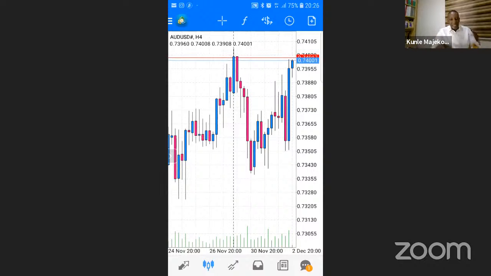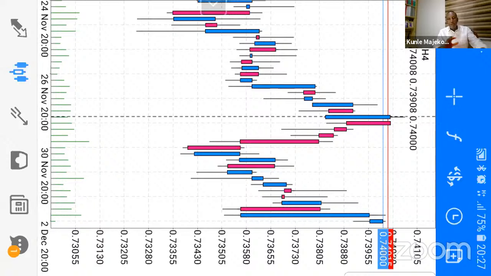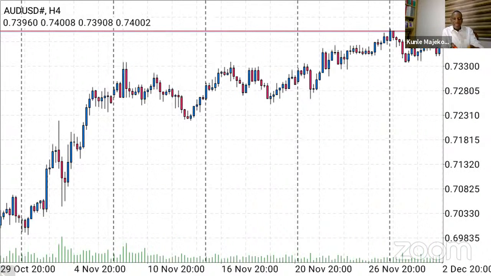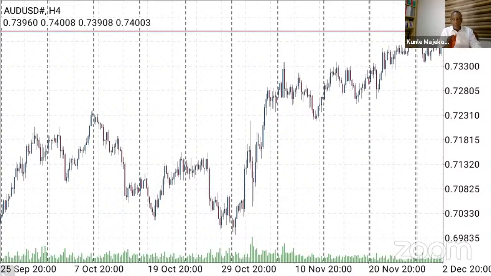So this is where you can do a bit of analysis of your trade. If I do it on a landscape, it becomes a lot bigger for you to see. Okay, you see it's bigger now. And I can squeeze it in the way you normally squeeze in your pictures on your phone, like on WhatsApp.